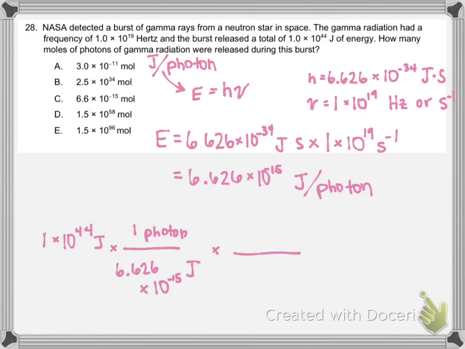And so once we know that, we can say there's going to be Avogadro's number of photons in 1 mole. So our units will cancel out. Joules cancel, photons cancel, and we're left with the desired unit of moles.